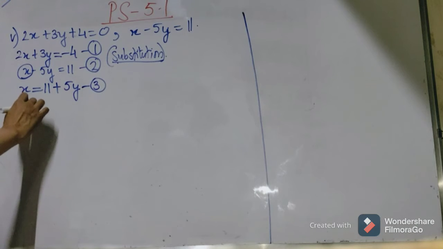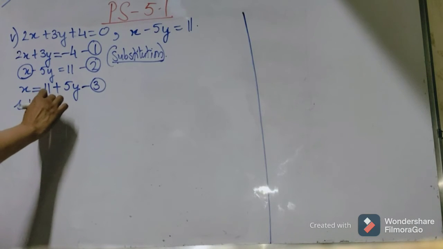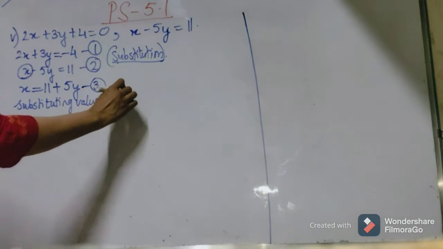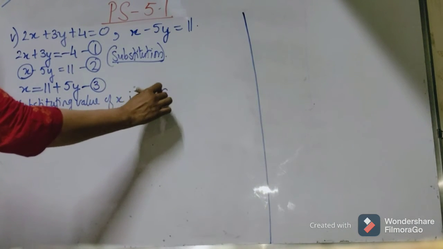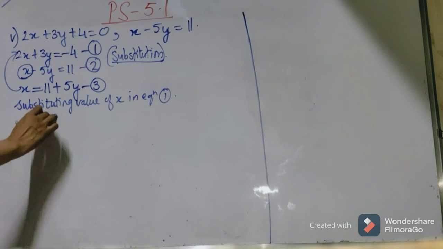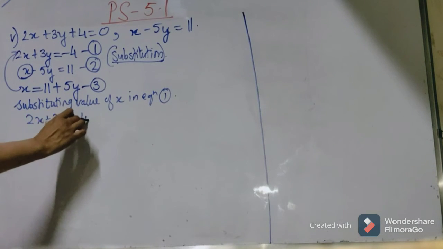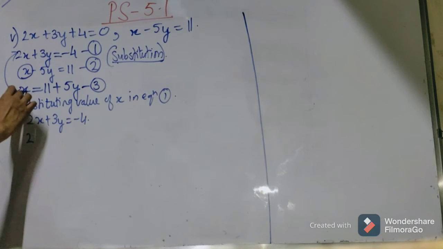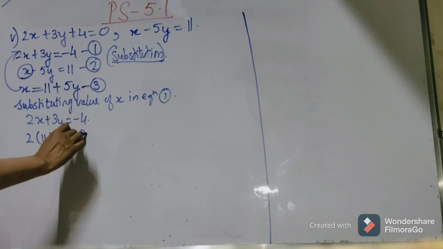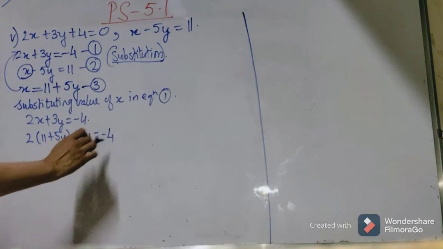Now I am going to substitute the value of x in equation 1. So what was my equation 1? 2x plus 3y is equals to minus 4. Now instead of x, I am going to write 11 plus 5y, plus 3y is equals to minus 4.